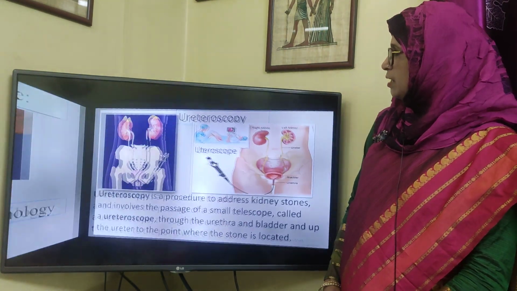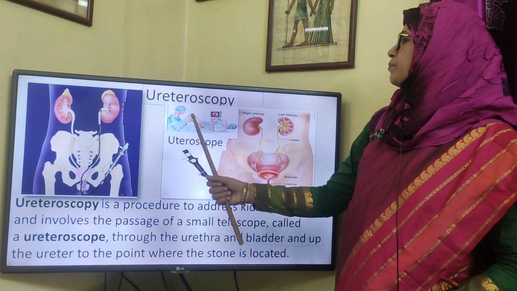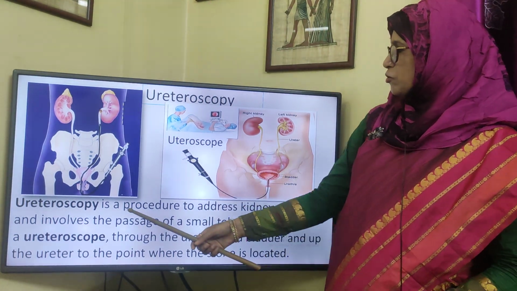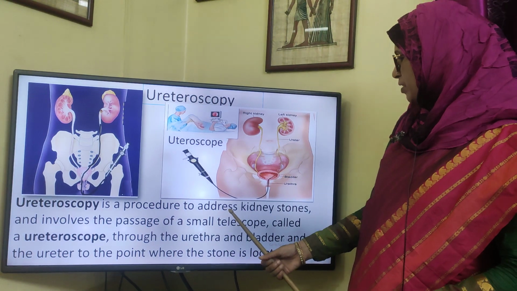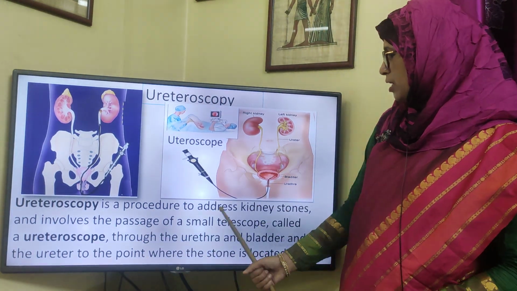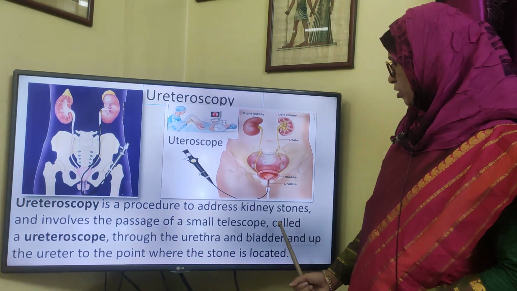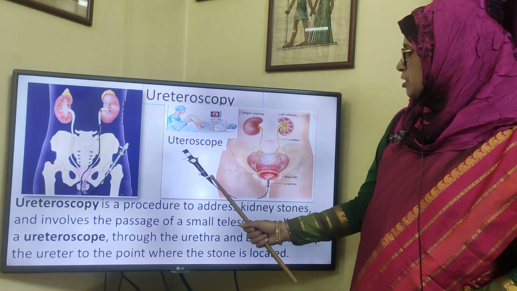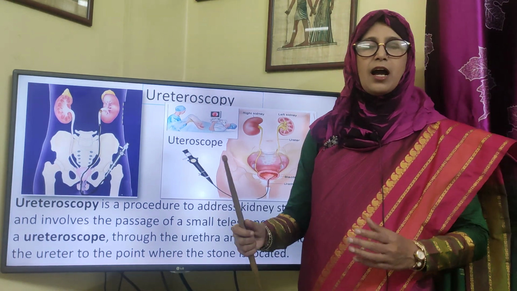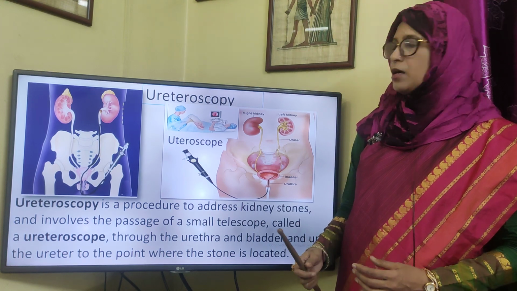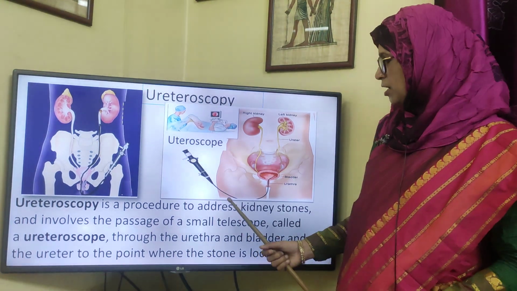Another one is ureteroscopy. Ureteroscopy is the procedure to address kidney stone and involves the passage of a small telescope called the ureteroscope, see here. This one just identifies the address, that means where the kidney stone is situated, what is the position.